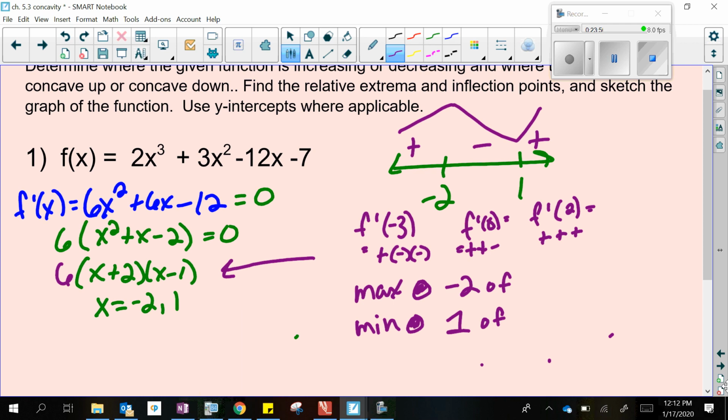To save some time here, I'm just going to do that on my calculator real quick.